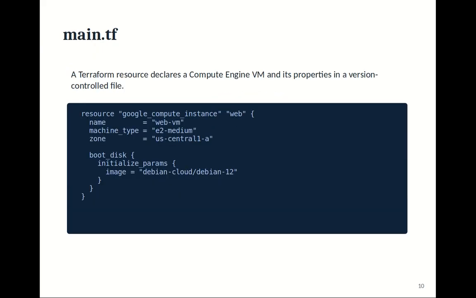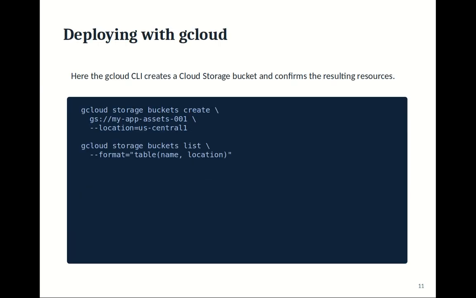Main.tf: a Terraform resource declares a Compute Engine VM and its properties in the version controlled file. Deploying with gcloud: here the gcloud CLI creates a Cloud Storage bucket and confirms the resulting resources.